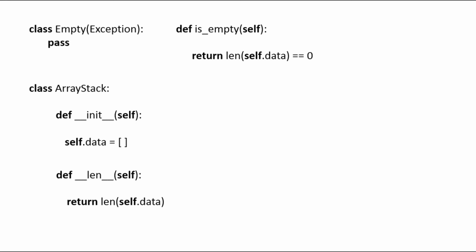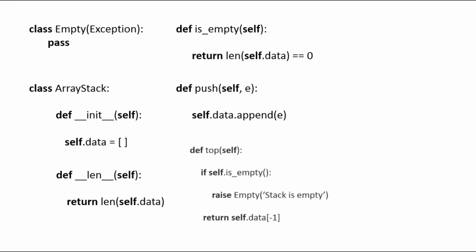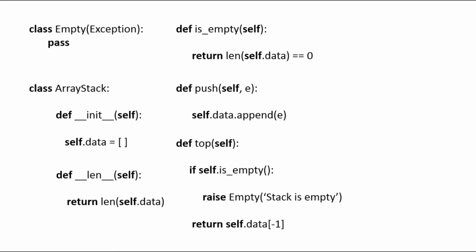Moving on, the third method is is_empty. Here I'm returning the logic. When len is equal to 0, it will return true. Moving on, push is implemented using append method of Python's list. Top is implemented. As I said, I need to handle the error here.